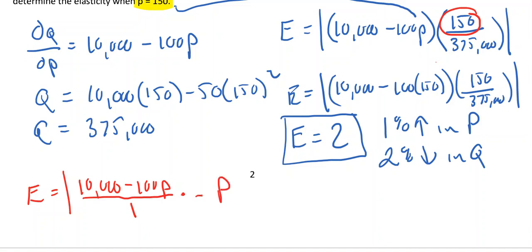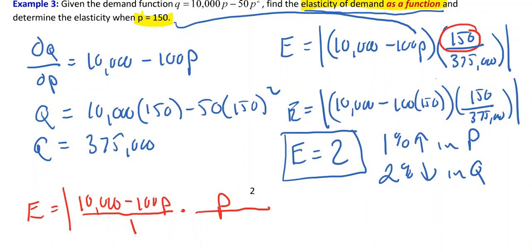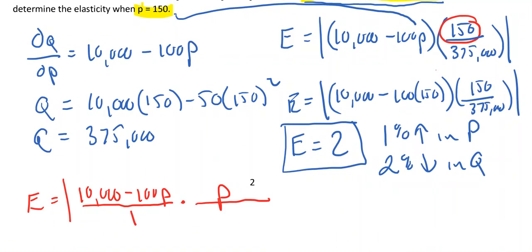And then instead of putting q in the denominator, I'm going to put in what our demand equation is, because the demand equation is Q equals 10,000p minus 50p squared. So that's going to be 10,000p minus 50p squared.